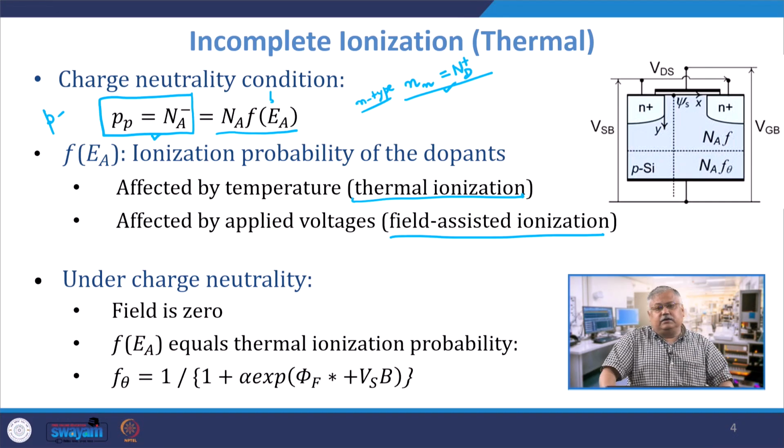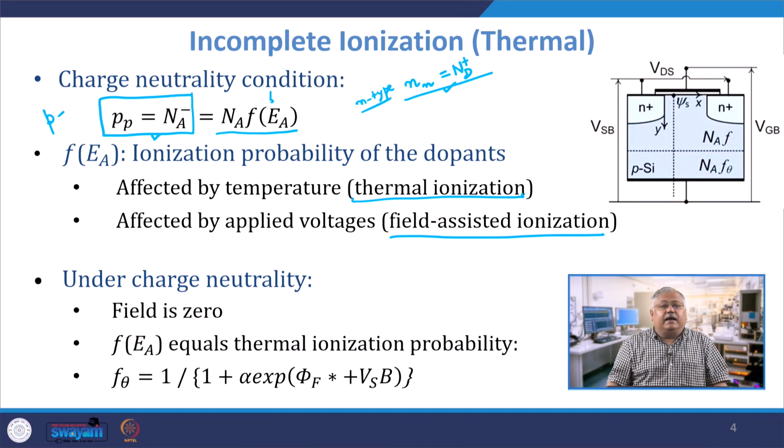Field assisted ionization basically means that, let us suppose, the electron from the dopant species gets promoted to free space. However, within a very short period of time it gets recombined as well, because there are no external fields available, and it comes back to its original state of a neutral atom. However, in the presence of a very large electric field, the electron might actually drift away from the hole, because it is negatively charged and this is positively charged.